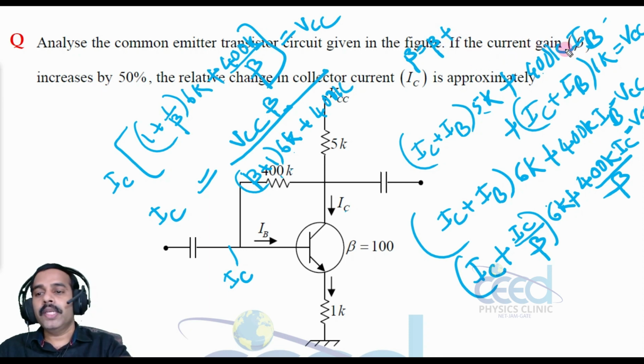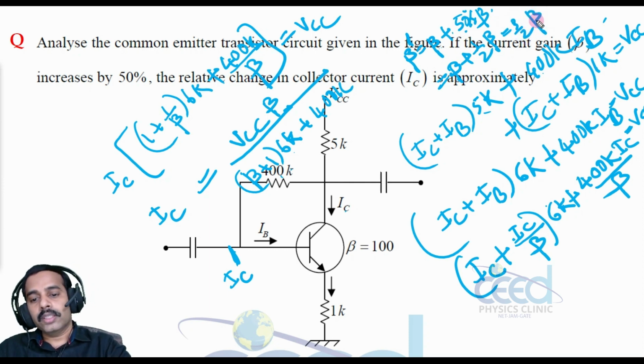If the current gain beta increases, I am finding IC dash, the new collector current, when beta increases by 50%. So beta dash becomes beta plus 50% of beta, that means half beta, so the new beta will be 3/2 beta.